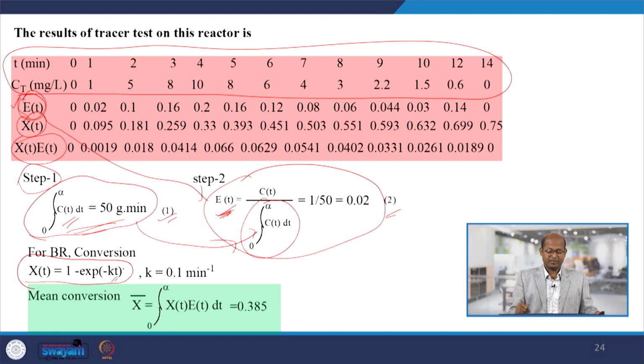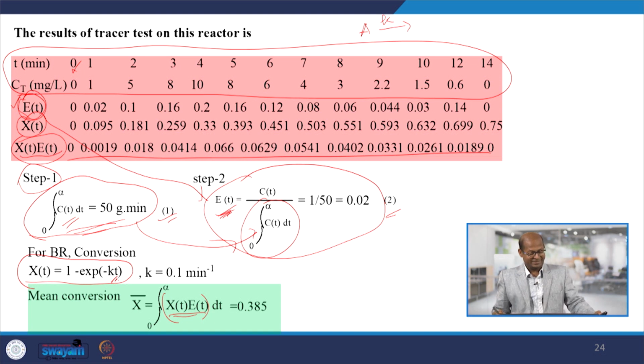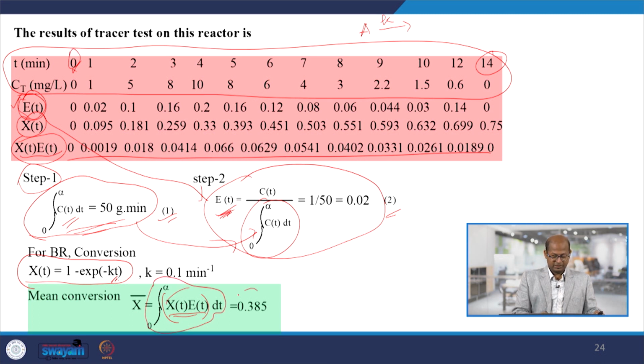The rate constant for this particular reaction is given, so the k value is known. At the known times we can find the X(t) value, and then X(t) times E(t) we can get from these tables. Now if we integrate from 0 to 14 minutes, after integration we get this value, using Simpson's 1/3 rule that we have discussed already.